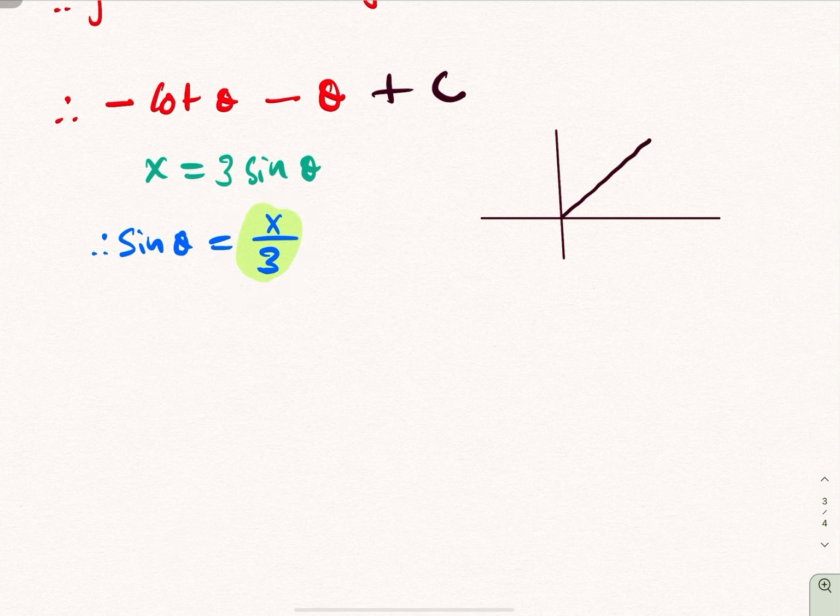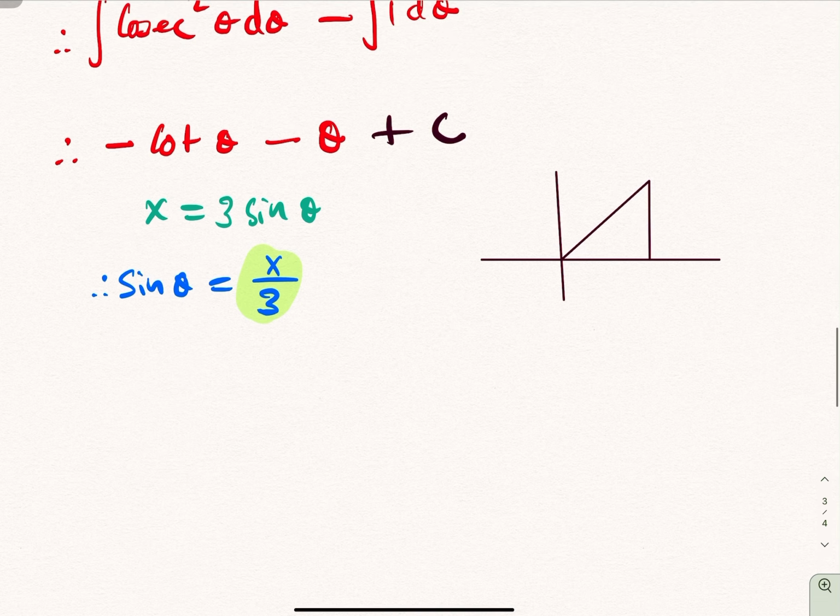So what is the opposite? The opposite is x. What is the hypotenuse? The hypotenuse is 3. So you just need to get the adjacent side, which is by Pythagoras theorem. It's 90 degrees just right here.